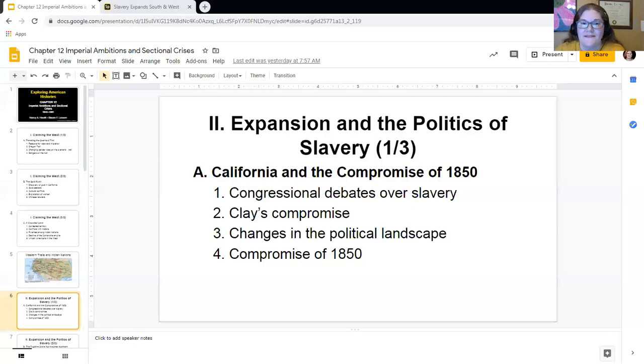Now, that might sound a little bit silly today in the current time. However, states are still doing this today. They're making their own laws that are in violation of federal law.